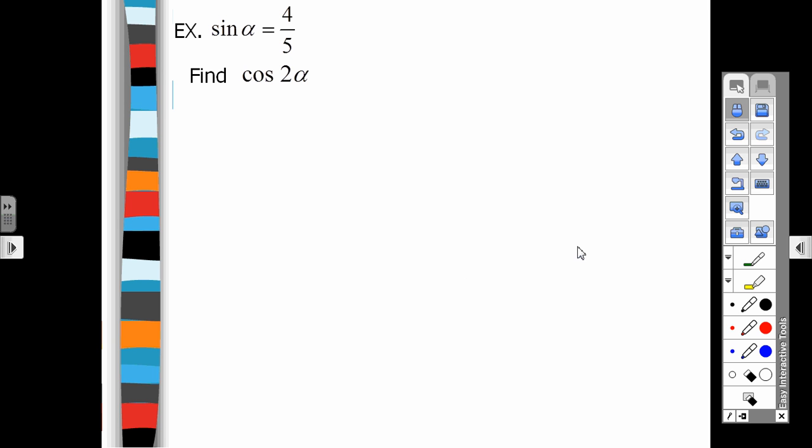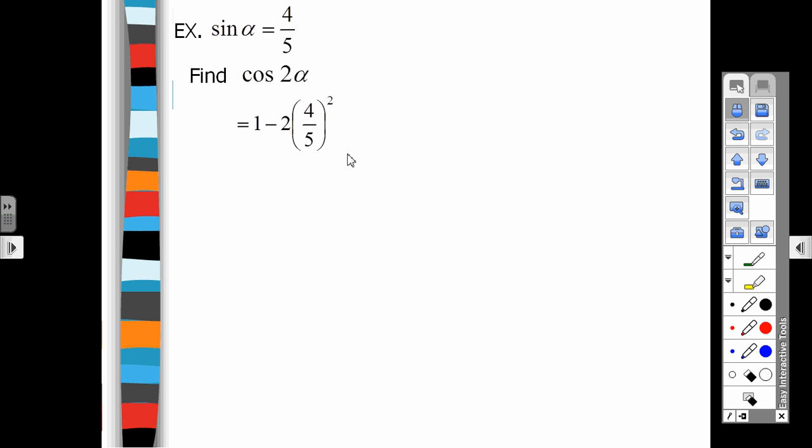What if they tell you that the sine of alpha is 4 over 5, and they ask you to find the cosine of 2 alpha? They don't give you what alpha is, and we don't care what alpha is. We just are going to plug it into one of our 3 identities, and you get to pick which one you want to use. Since they've given us sine of alpha, I would probably choose the identity that only has the sine of alpha in it, not the one that has cosine as well, because then you have to figure out what that is.